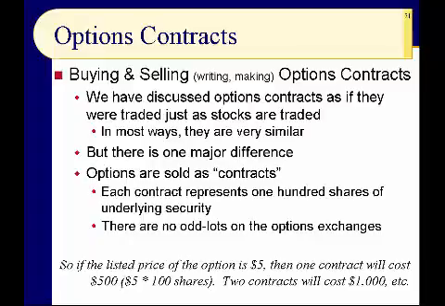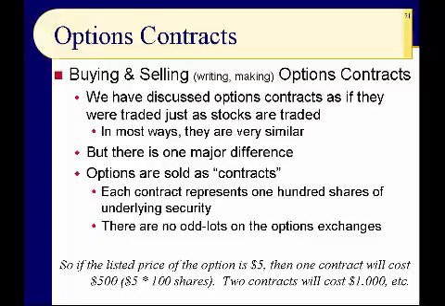So everything we did in the first presentation when we talked about a dollar, you have to multiply that by 100 for one contract, and of course if you did two contracts you'd multiply it by 200. So at the bottom of slide 21, if the listed price of the option is $5, then one contract will cost us $500, plus whatever commission it is. Two contracts would cost us $1,000.